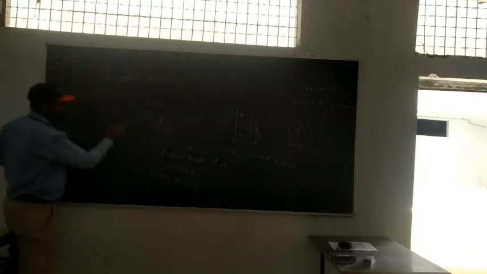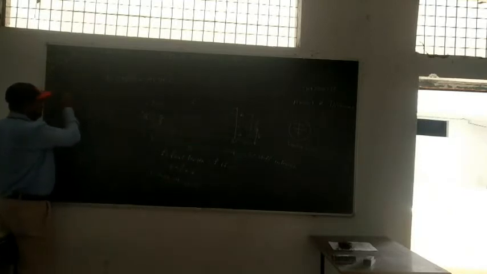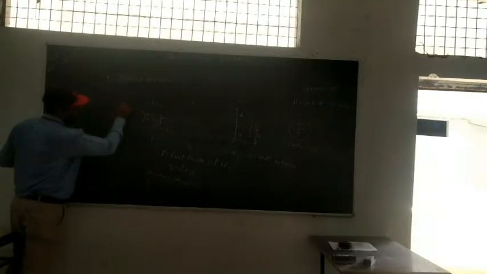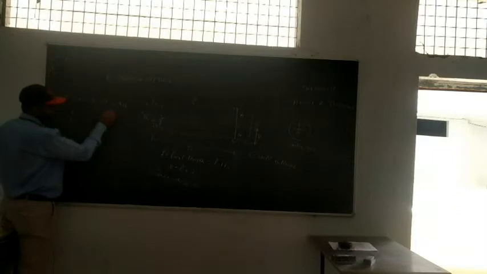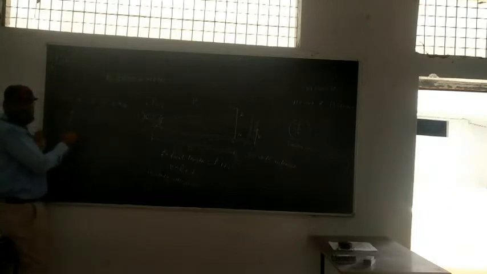Now, by having these two triangles OAB and triangle O small a b, with similar triangles, F1 by F2 is equal to S by I. Can I write like this?